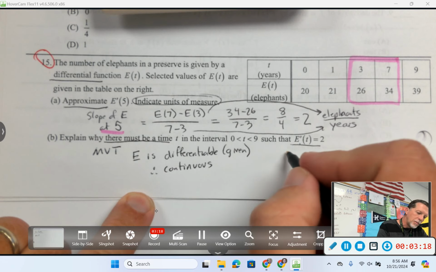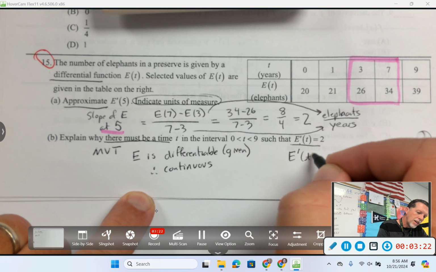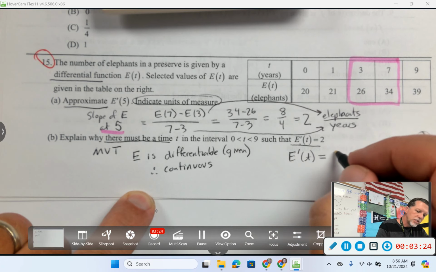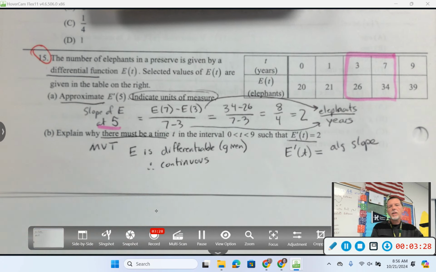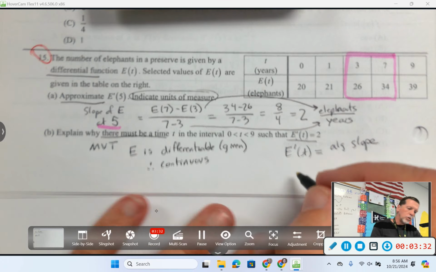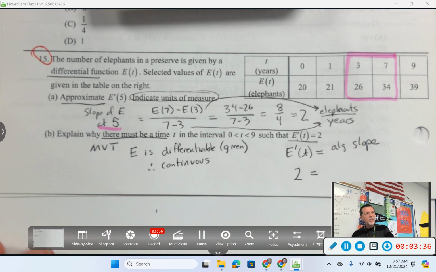So MVT applies, and that means that e prime somewhere equals the algebra slope. And I want e prime to be 2. So I need to find a spot, or I guess 2 spots, between which the algebra slope is 2.